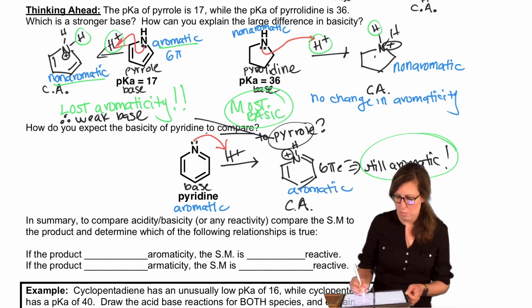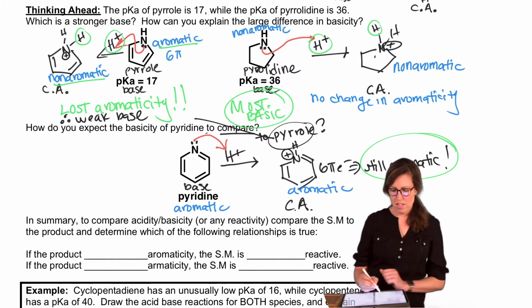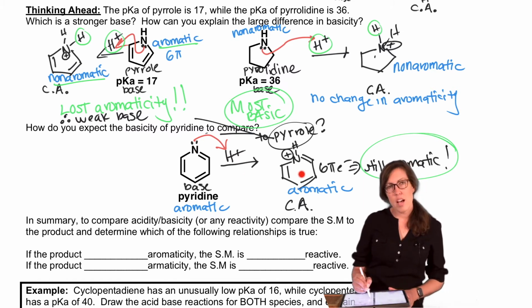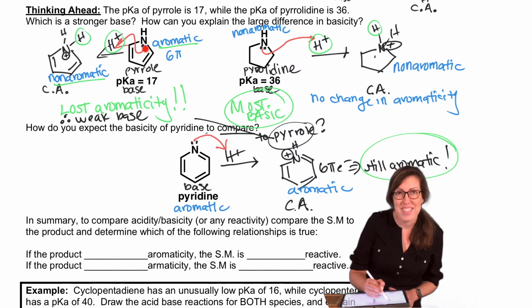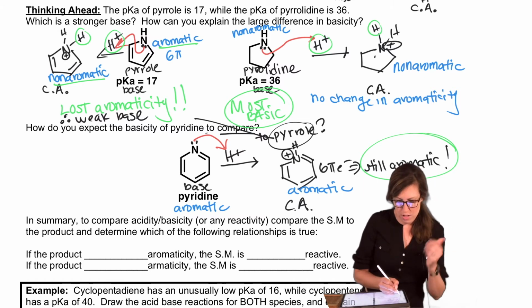All right, in blue, since I had it in blue before. So what was different here? A lone pair grabbed an H, and it did not lose aromaticity, whereas a lone pair grabbed an H here, and it lost aromaticity. Well, this lone pair was part of the pi system. This lone pair was, and this is why we still need to know how to interpret hybridization.